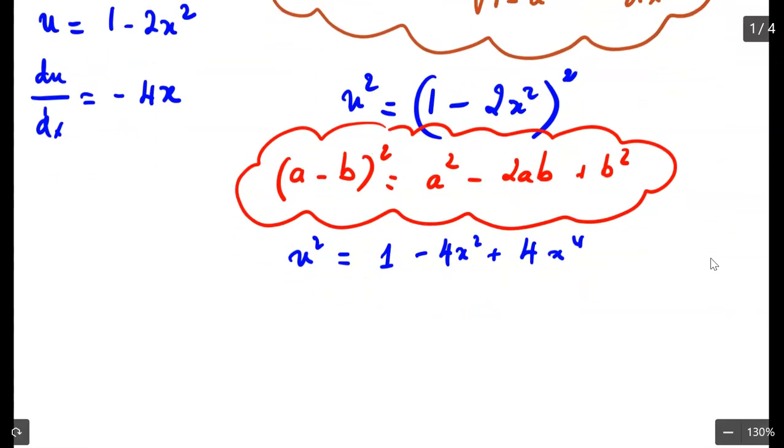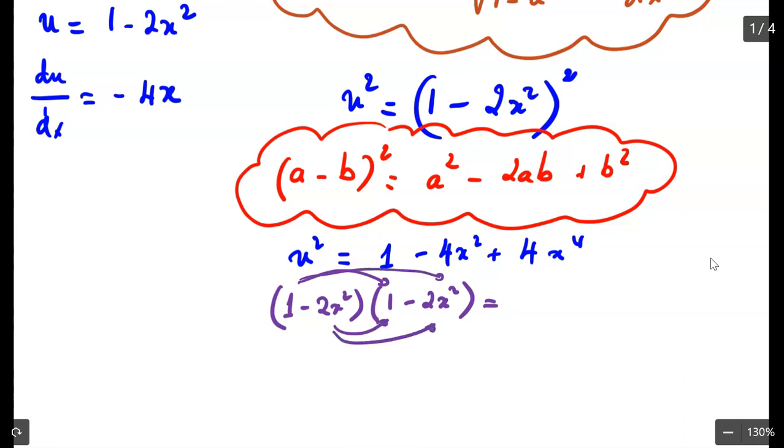On the side, I can tell everyone that you can work with the expansion as well. So 1 minus 2x squared, all of it, you multiply it out twice. Here is the procedure.